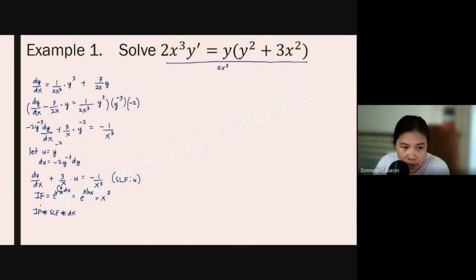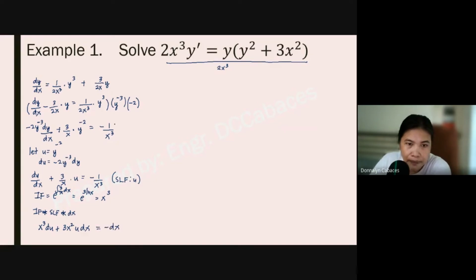And it should give us a result that the left side is what? But let us verify if that is correct by multiplying this. So x cubed du plus 3 over x times x cubed is 3x squared u dx is equal to negative dx.